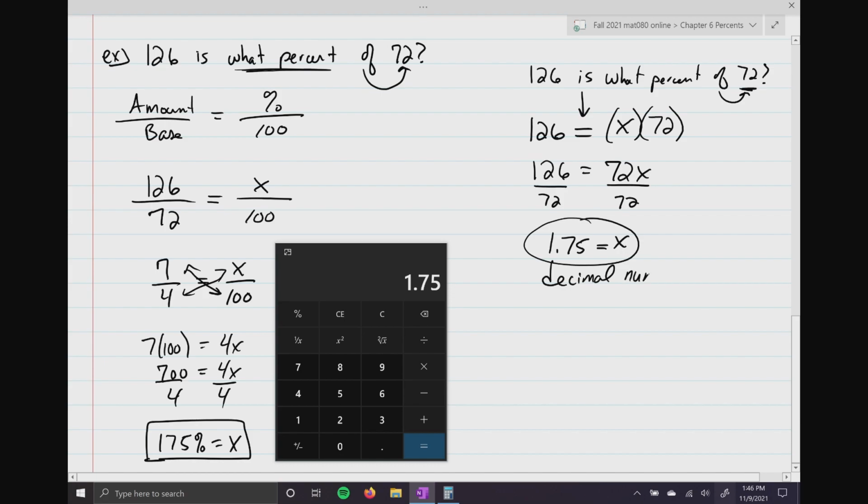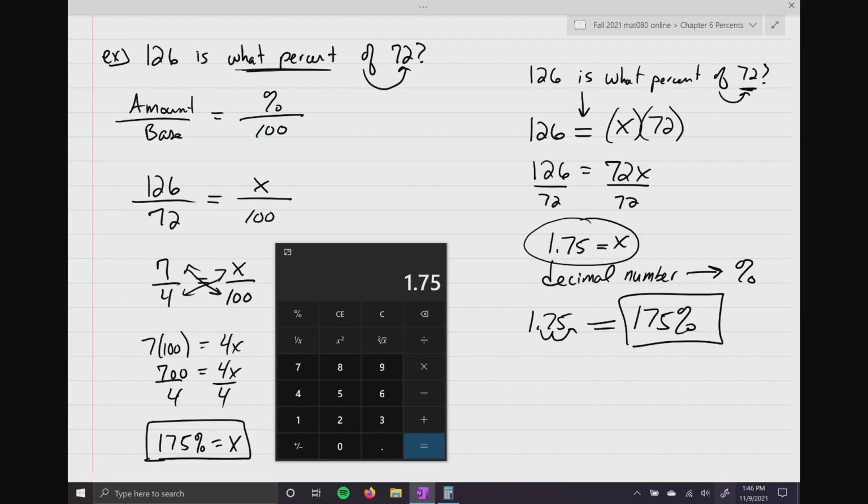What you need to do is convert it into a percent. So we take that 1.75 and move the decimal 2 places to the right to give us 175%. Okay? So if you use the percent proportion, you never ever have to worry about that.